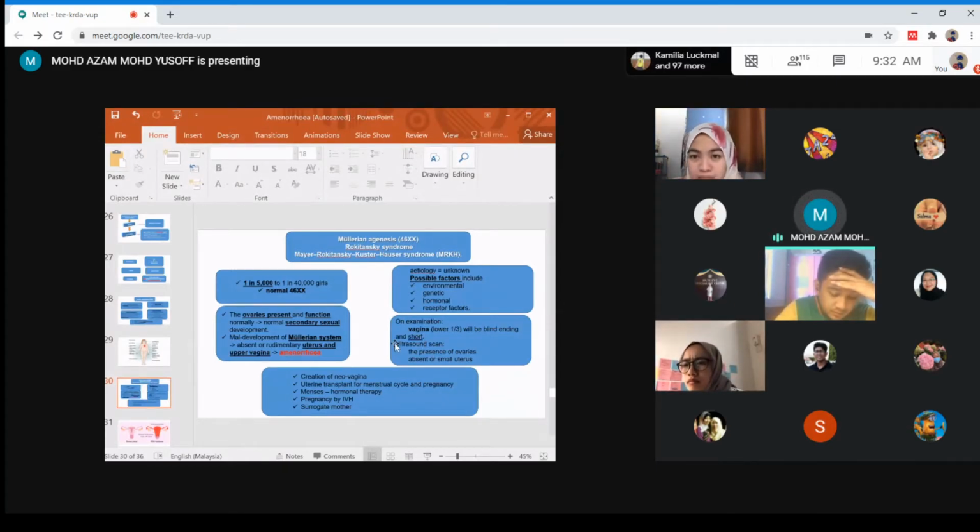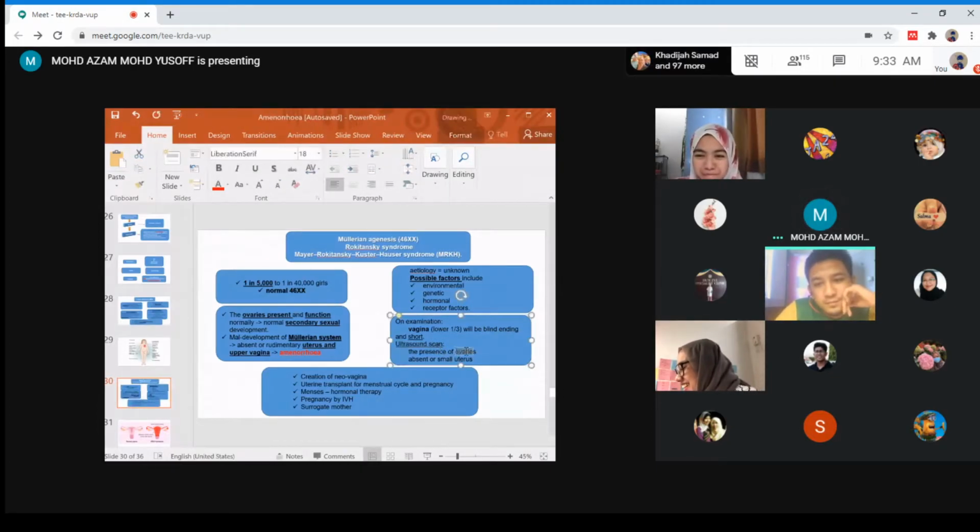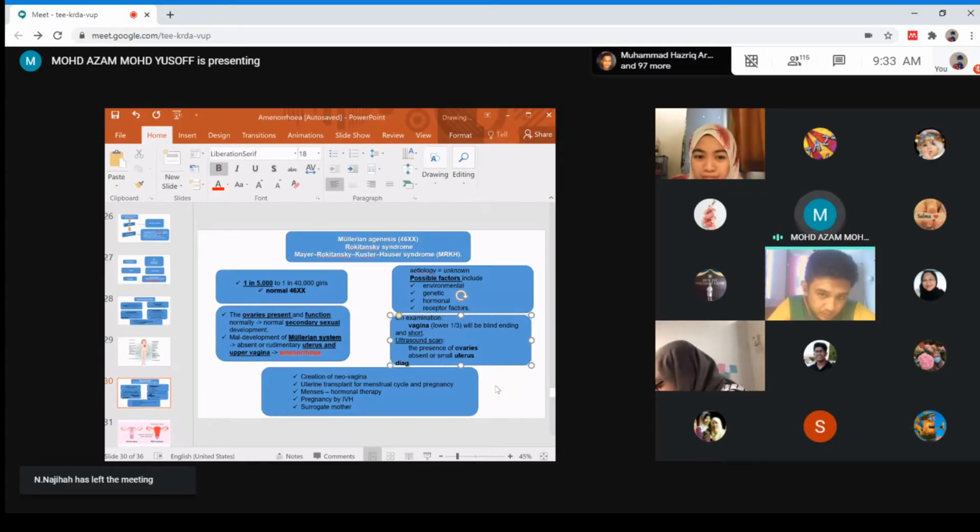So on ultrasound, what do we see? On ultrasound, we see there is ovary and the uterus is small or abnormal. Alright, I forgot to put here actually, the diagnostic, the scientific tool, is MRI.